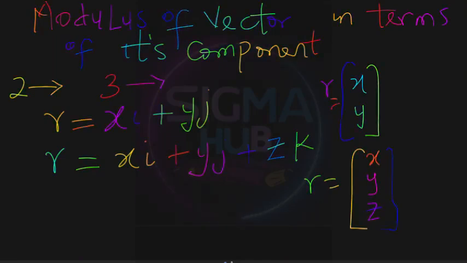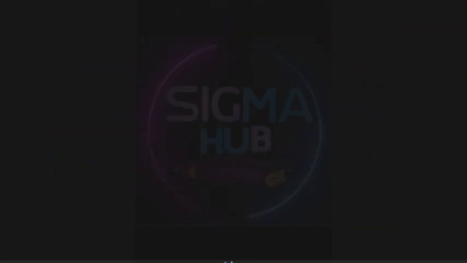Now, what are we going to quickly look into? The modulus of a vector. Let's say vector R is given as R equal to xi plus yj.